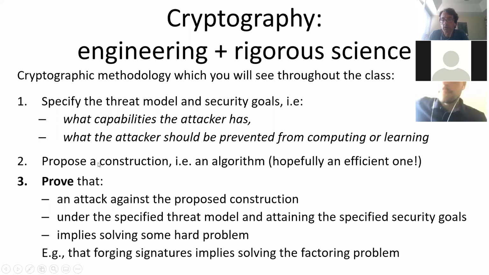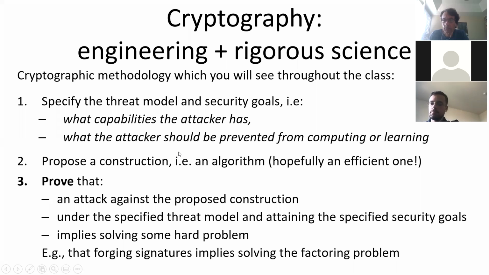Now, of course, propose some construction, right? Here's an algorithm that we hope achieves security, and hopefully it's efficient too. And now prove that an attack against the specific construction either cannot exist unconditionally.